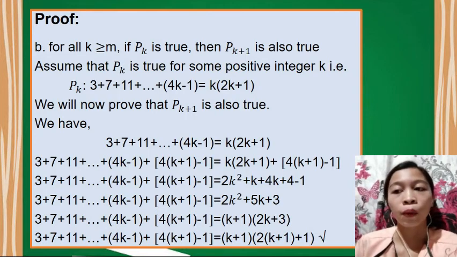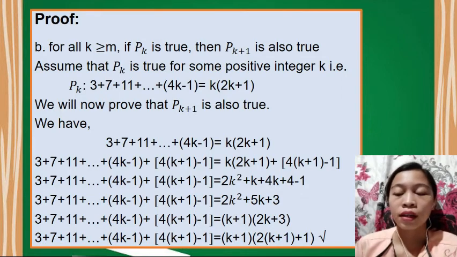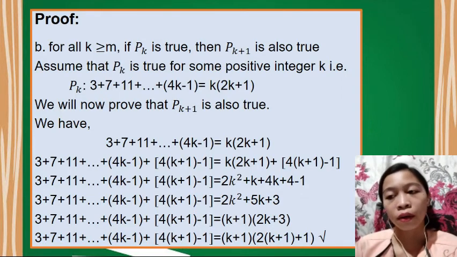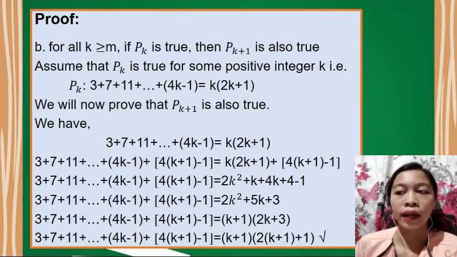And whatever we add on the left side shall also be added on the right side, okay? So on the other side, we have k times 2k plus 1 plus 4 times k plus 1 minus 1.